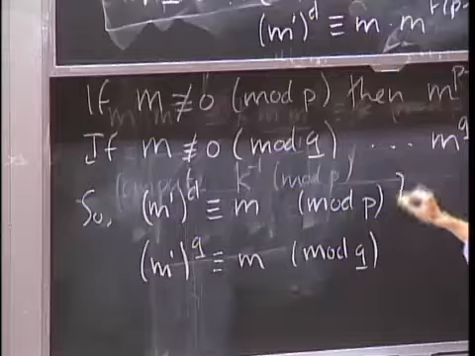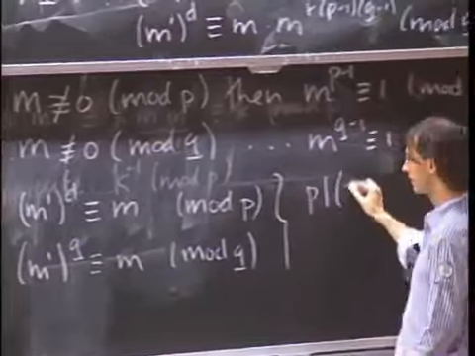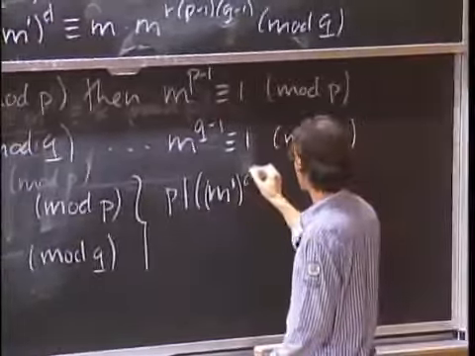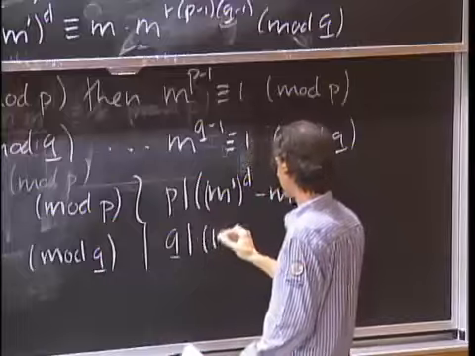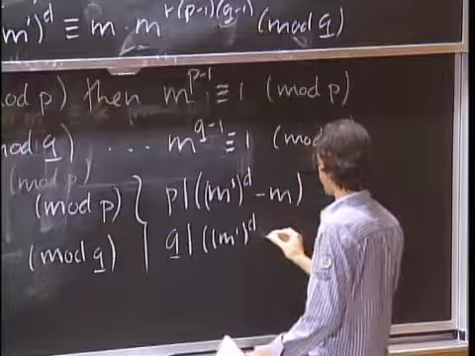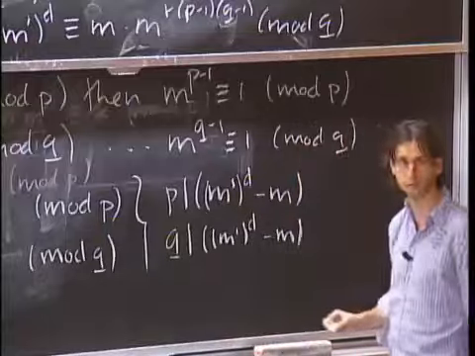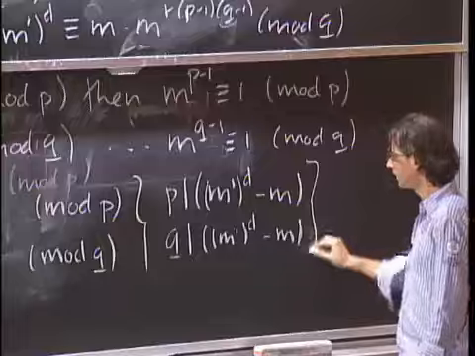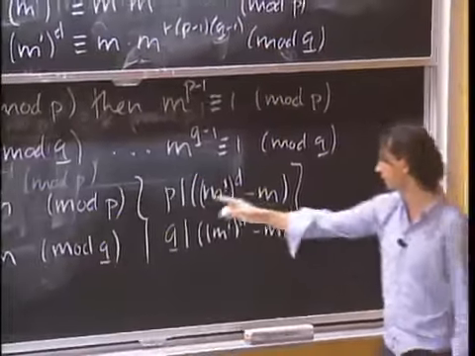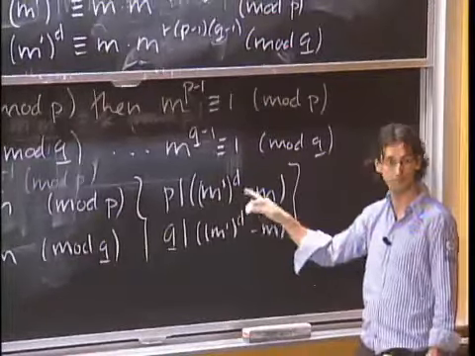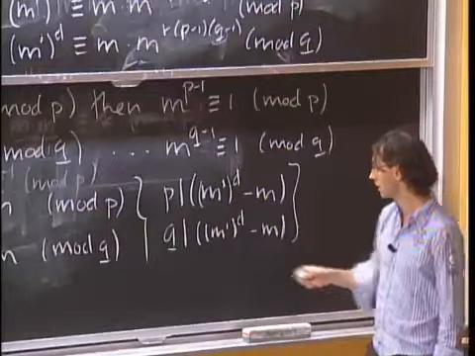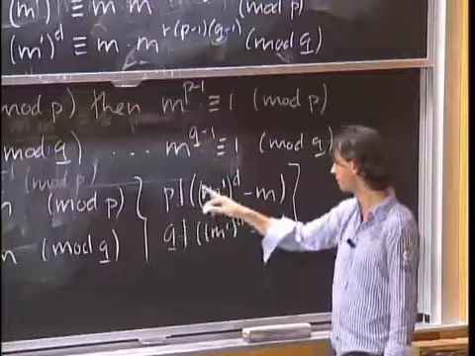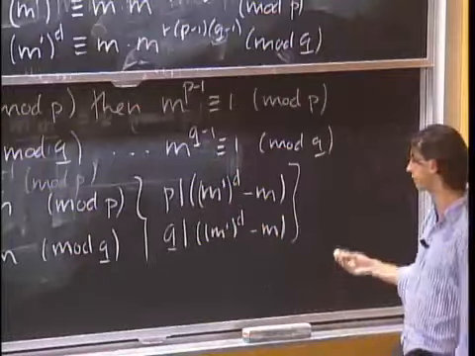So now we know that p divides the difference of m prime to the power d minus m. q is another prime that divides this difference. And the only way that that is possible is if the product of p and q is dividing this particular number, this difference. We have two different primes dividing the same number, so the product must divide it.